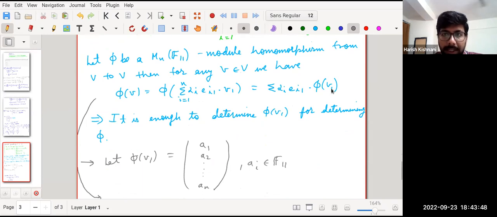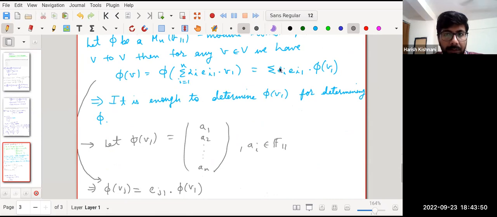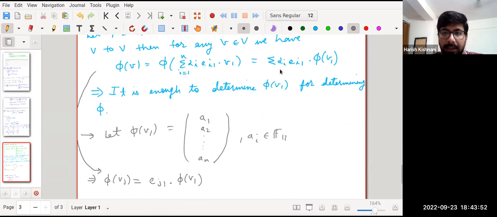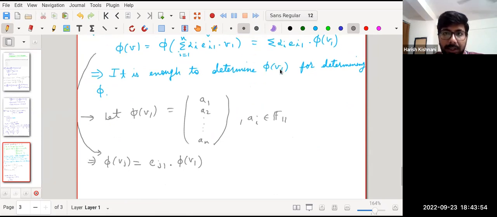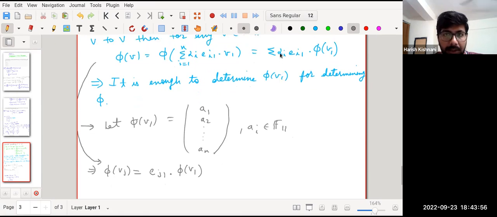Your alpha i is 0 for all values of i except at the jth place where it is 1, so only the jth index remains, and for that index the alpha is 1. So it is 1 dot e_j1 dot phi of v1. For all other indices, it is 0.